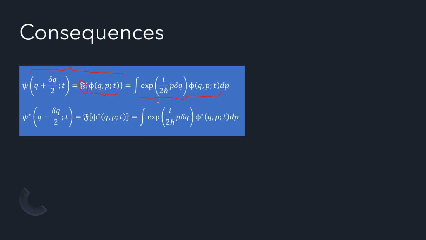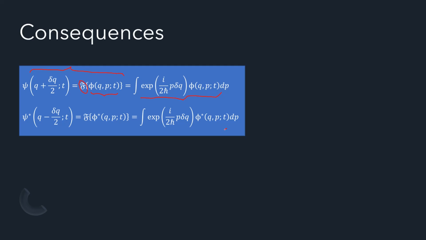Of course, we can take the complex conjugate. This will make a minus sign appear here and a conjugate here, but if we also make delta q negative, this sign is maintained.